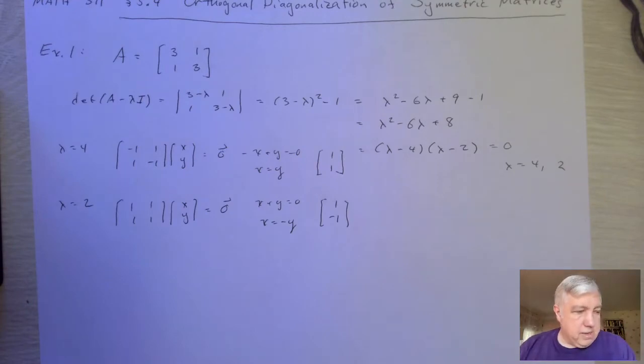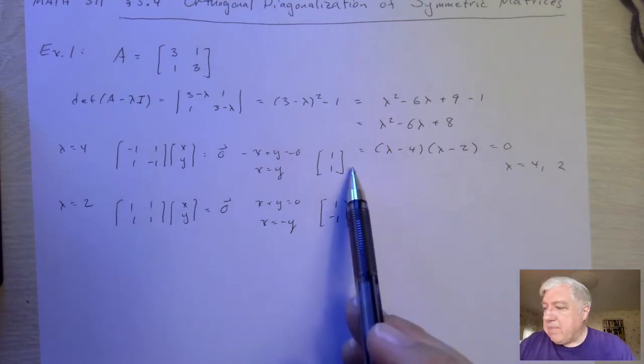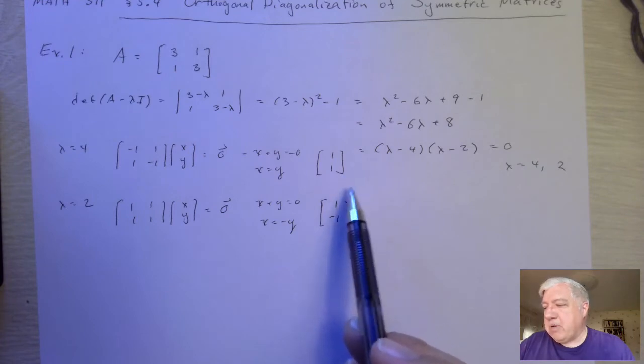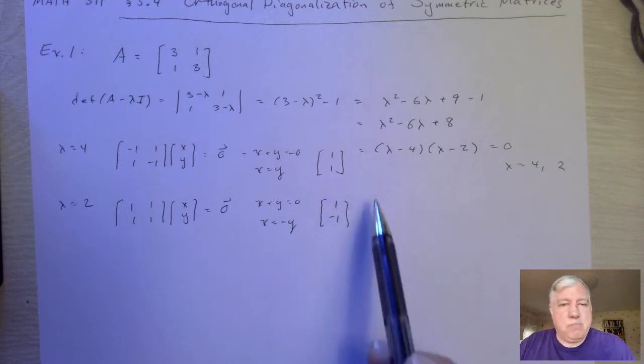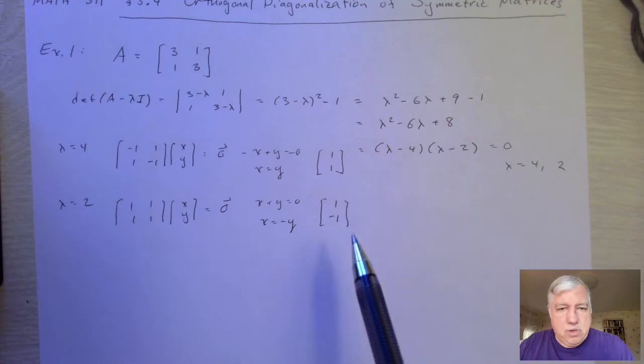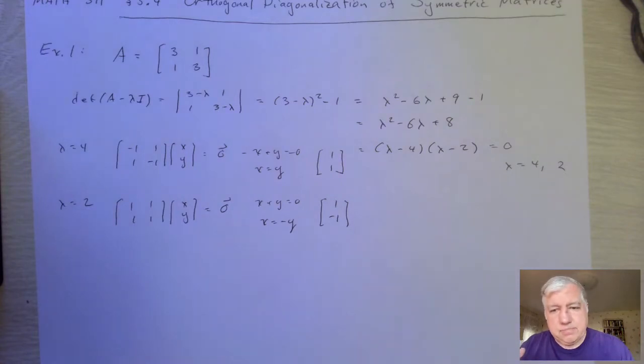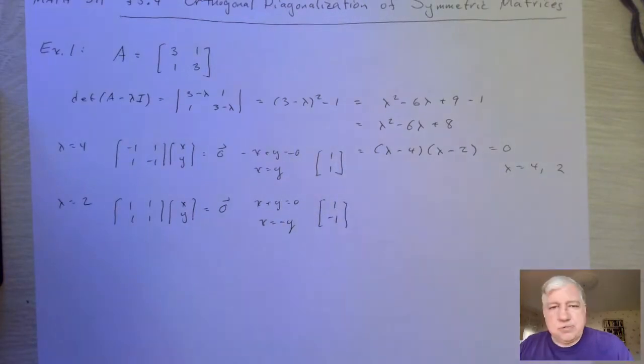Now, we can see that this is diagonalizable because the algebraic and geometric multiplicities are equal in both cases. If we wanted to find a matrix P and a matrix D, for P we could just take these vectors to be the columns.